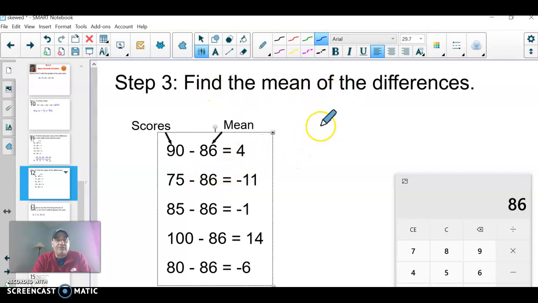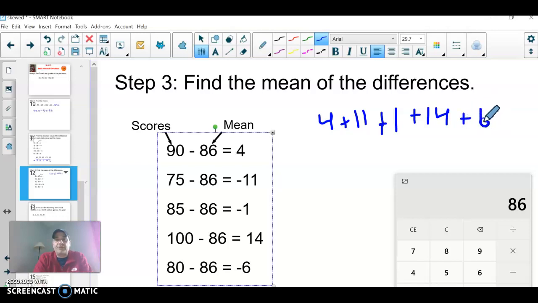So again, I'm really finding 4 plus 11, and you can add this up on your calculator or on your paper, plus 1 plus 14 plus 6.